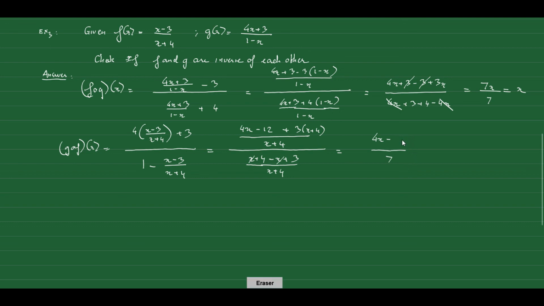So I have minus 12 plus 3x plus 12. Okay, so I have 7x over 7. There you go. Alright, then f and g are inverses of each other. Okay.